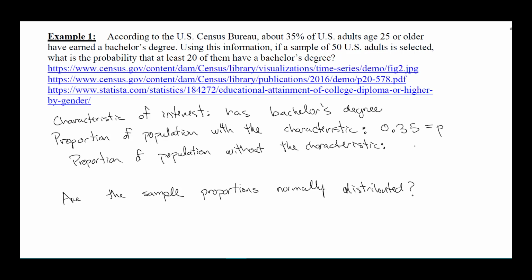Okay, so 35% of them have a bachelor's degree. How many of them don't? 1 minus 0.35, which is going to give me what? 0.65. So 65% of them do not have a bachelor's degree.